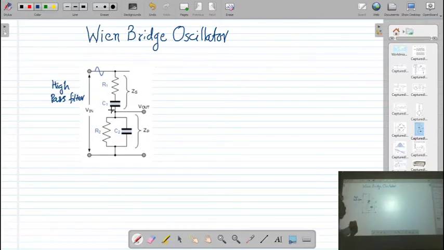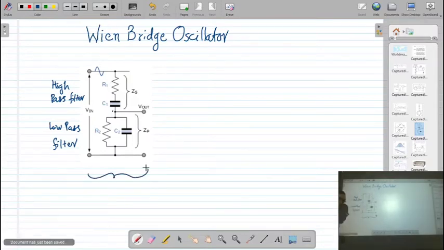In the lower part of the network, the resistor and capacitor are connected in parallel, and this is going to work as a low pass filter. So ultimately this network is working as a band pass filter.